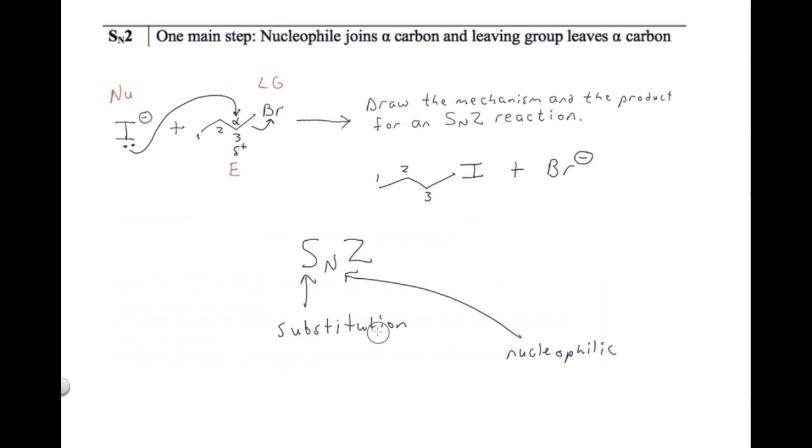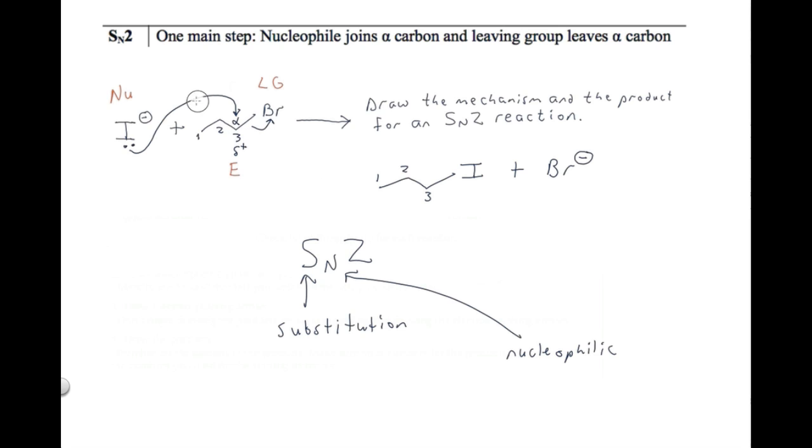I'm not really going to discuss yet why the number 2 is in this name. This number 2 might be considered to be a little misleading because there's only one step in the reaction. Despite the fact that there's the number 2 in this name, there's only one step in the reaction.